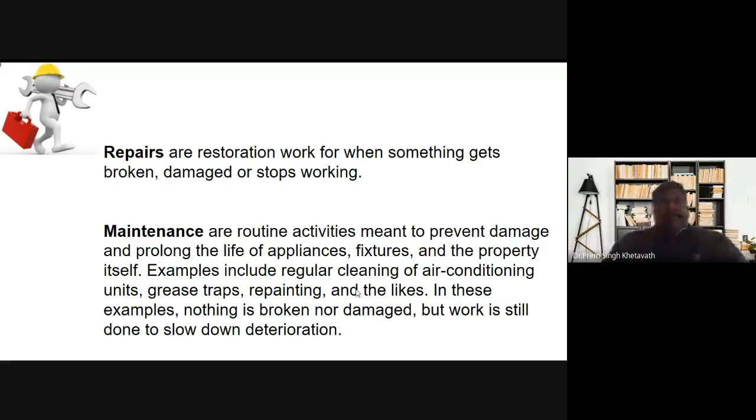We are going to prevent the damage of these appliances. For that, what do we need? Regular cleaning, greasing, repainting, and we have to see that it is not stopped or damaged. So the difference is that maintenance is preventive, while repair is done after damage.